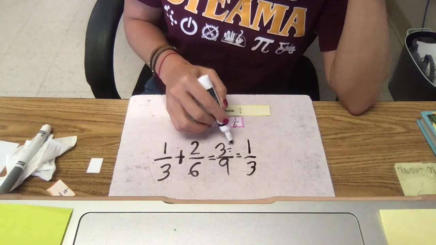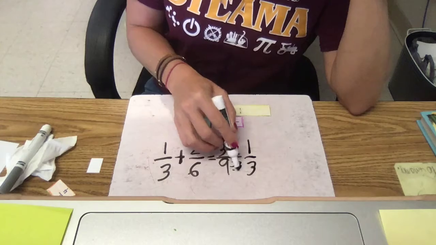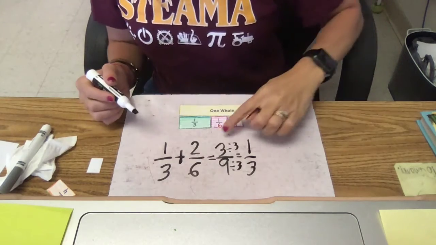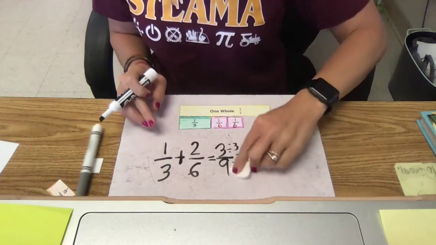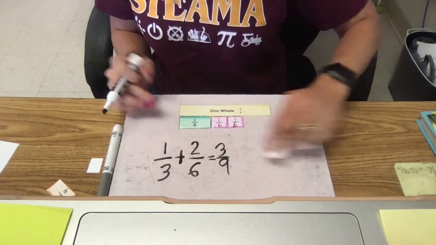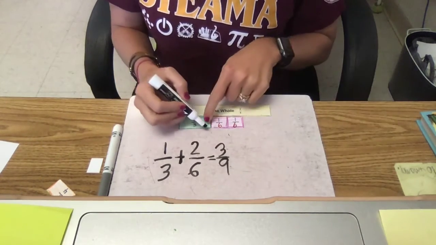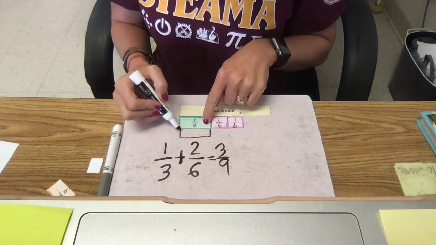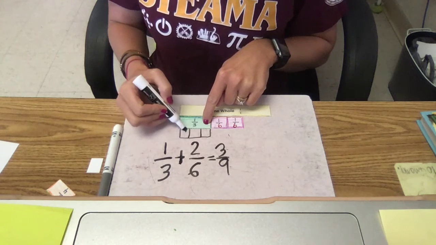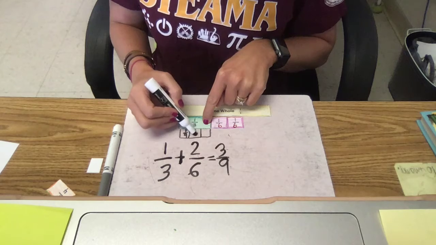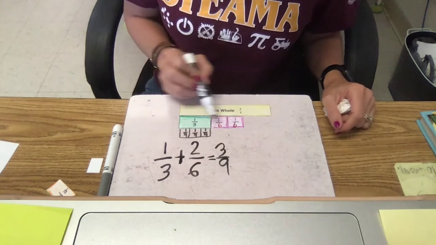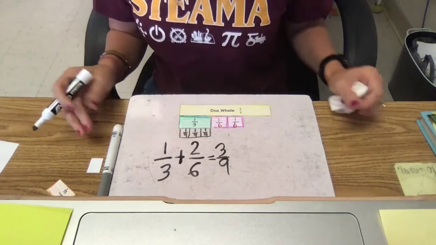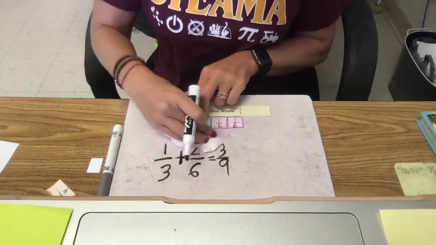Because 3 divided by 3 is 1 and 9 divided by 3 is 3. And 3/9 is still the same value as 1/3. Or we could look at it and say, here's 1/3. If I had ninths, they would look like this. 3/9 is the same value as 1/3. That wouldn't make sense for our problem. Okay?